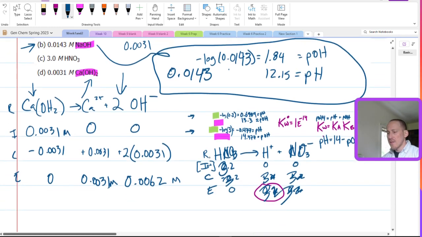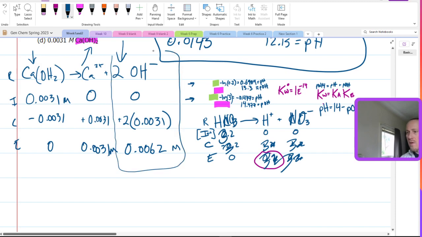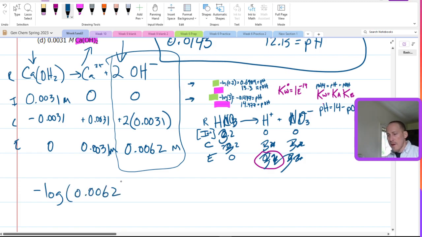So what that means is, and this is OH right here, right? So our pOH is going to be the negative log of that. Again, this is all about that full dissociation.